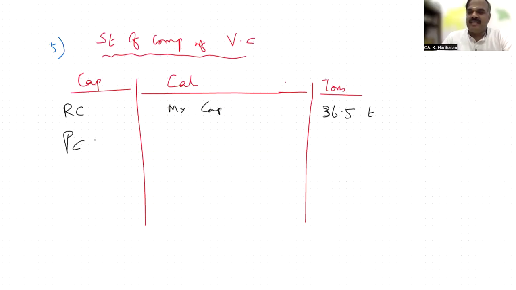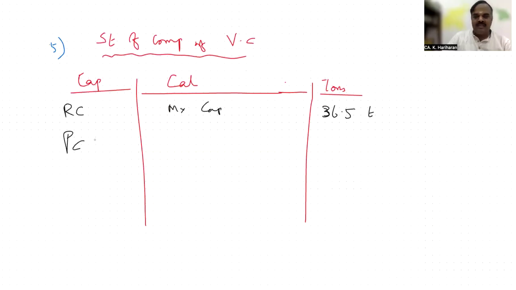In 365 days in a year, they said 36.5. But we can't make the person work all 365 days. Holiday, breakdown, 65 days gone. Therefore, 300 days you can work.